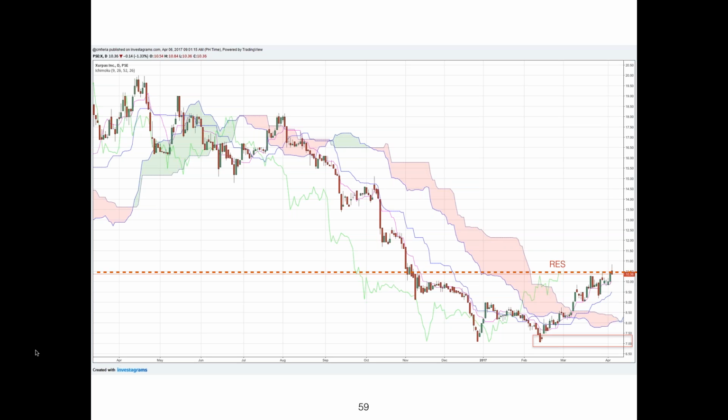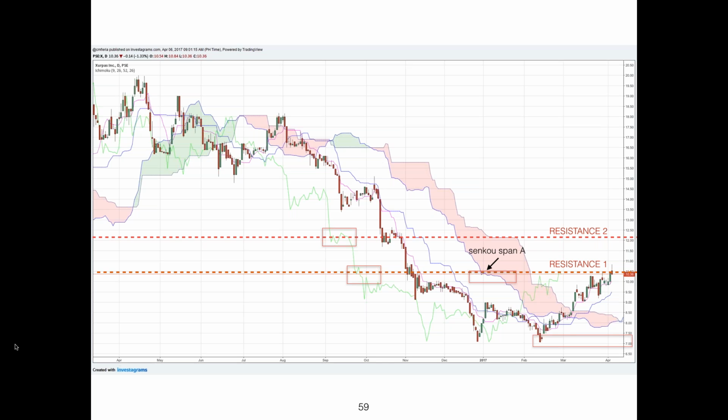At the same time, this was the area where you find the Senkou span A. If price breaks above this level, the next resistance is near the 12 peso area.